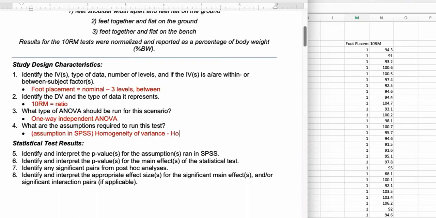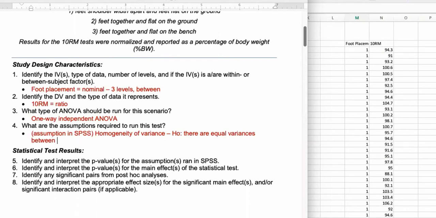Homogeneity of variance has a null hypothesis that there are equal variances between the levels of whatever the between subject factor is. Okay. So I'm kind of keeping this on the general side, but when we interpret our p-values in our actual output, we would want to substitute our between subject IV for whatever it is in the example. So in this case, it would be foot placement. Okay.